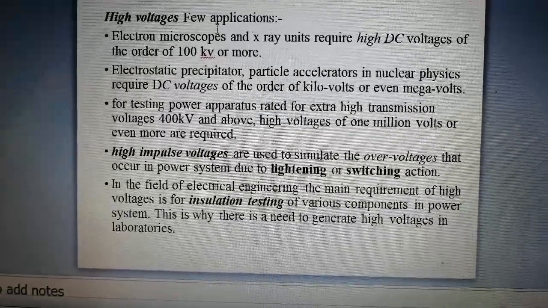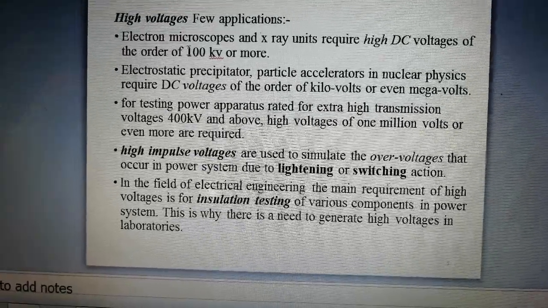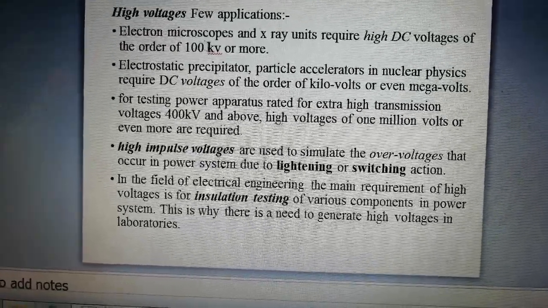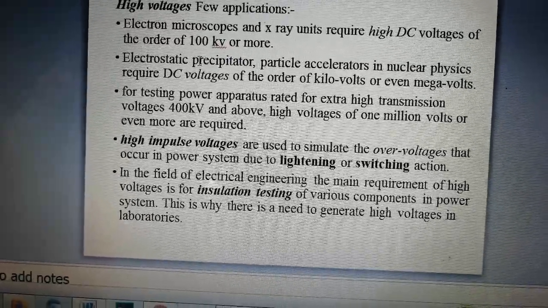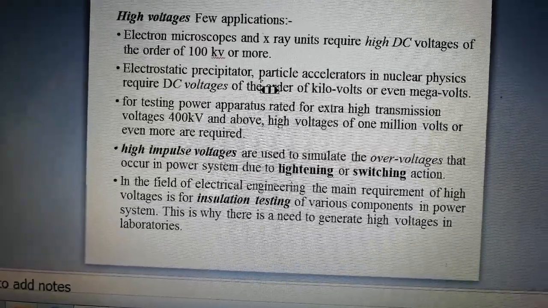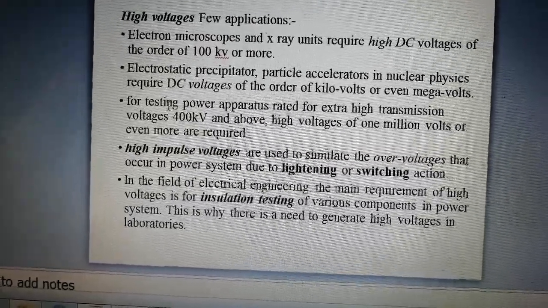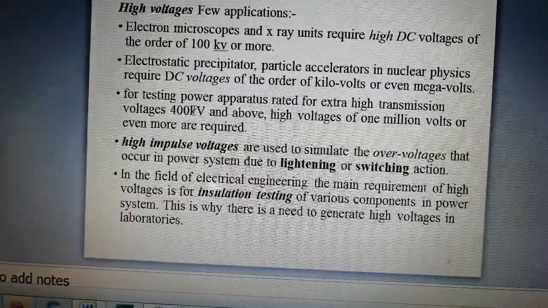Let's see a few applications of high voltages. High voltage technology is used in electron microscope and X-ray units. It's also used in electrostatic precipitator, particle accelerators in nuclear physics. High voltage is used for testing electrical power apparatus.